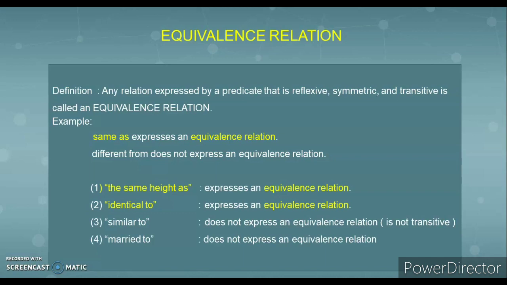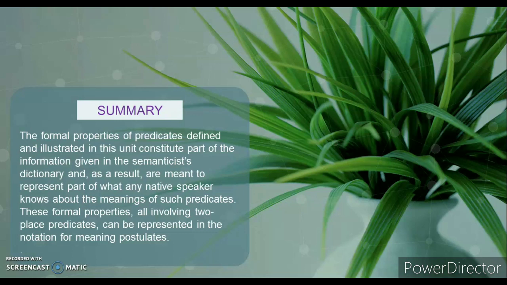But "similar to" does not express an equivalence relation. "Similar to" is not transitive. And also "married to" does not express an equivalence relation. So from the explanation above, here we come to the summary.